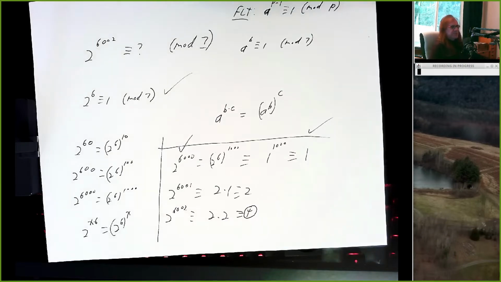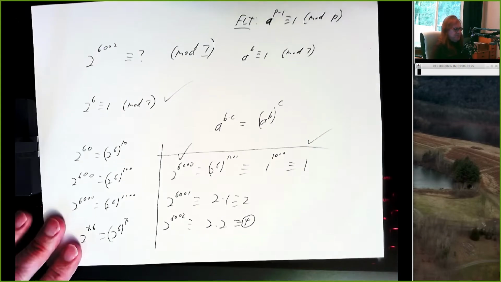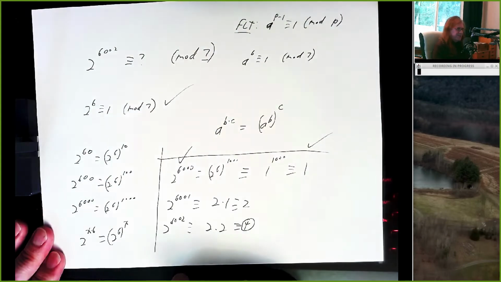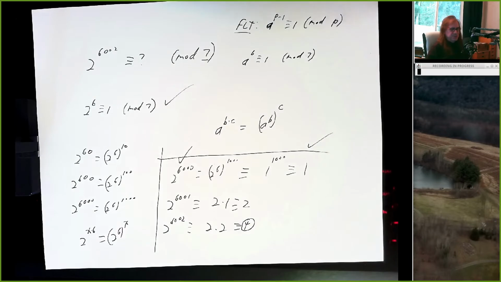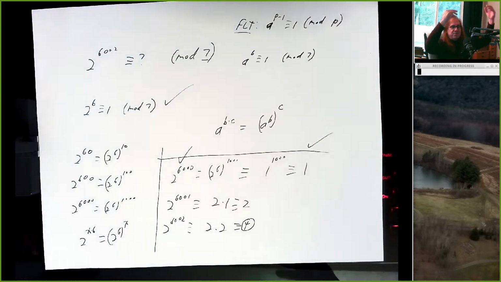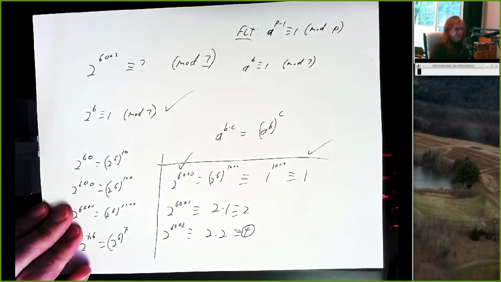So modular exponentiation is nice when we don't have something like this, but we can find in this leapfrog fashion 2 raised to the 1, 2, 4, 8, 16, 32 powers of 2, and then multiply those together so that the exponents add up to whatever our desired exponent is.